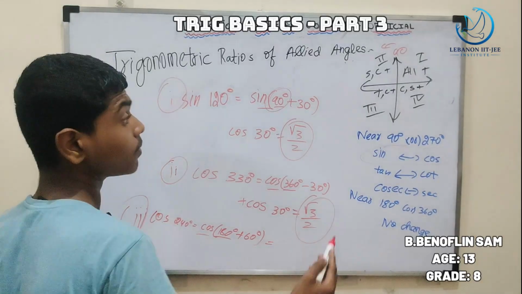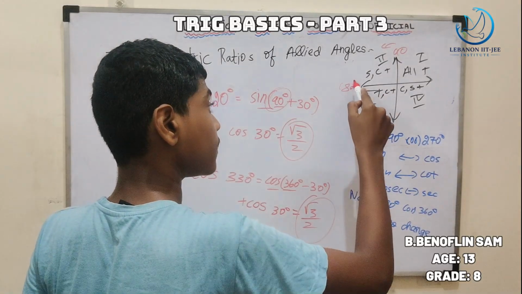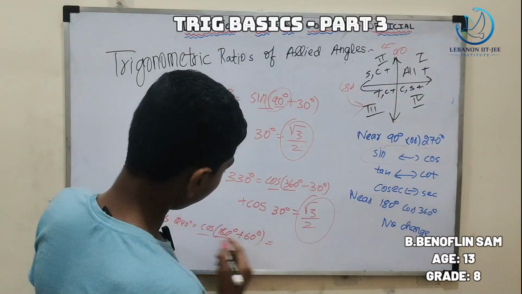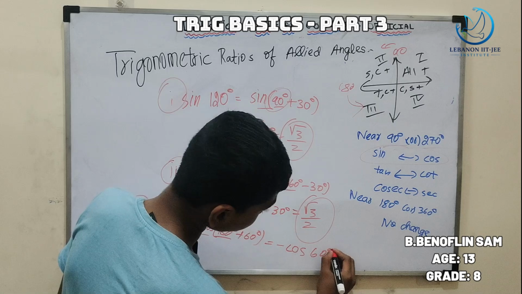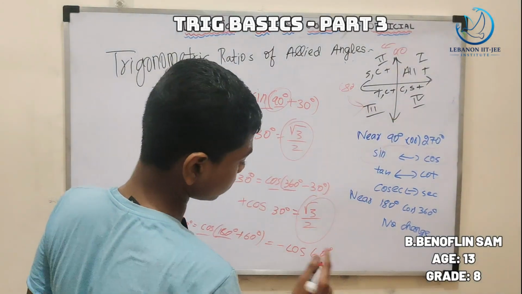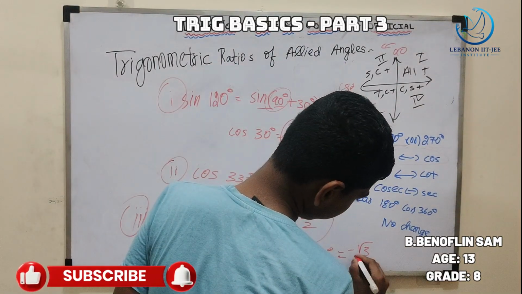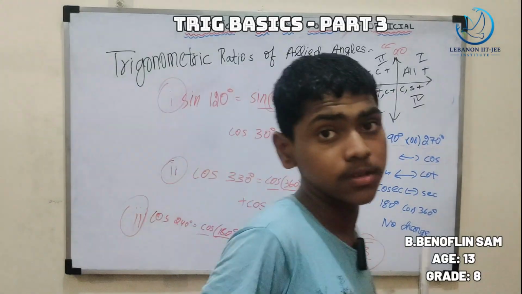But the main problem is this 180 degrees. If anything is added, it will go in the third quadrant. Third quadrant means you take it as minus cos 60 degree. Because here tan and cot are positive, so it will come minus for cos. And if you take this, you get minus root 3 by 2. This is how to mainly approach it.